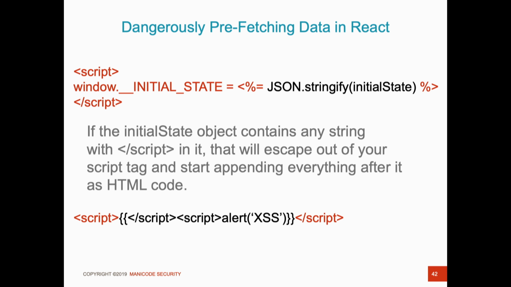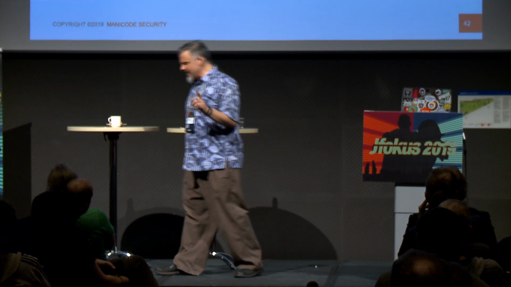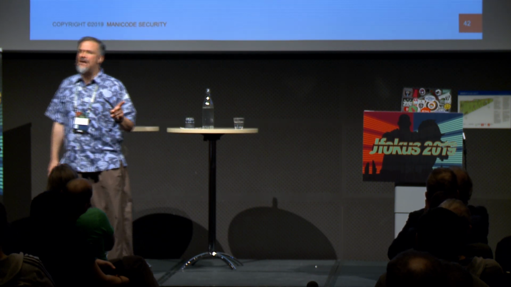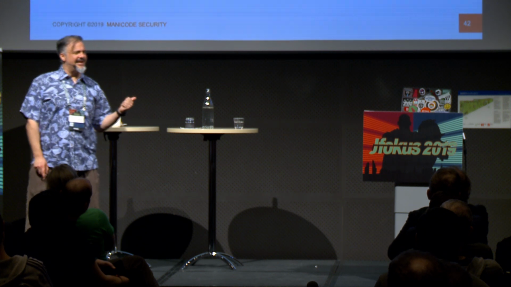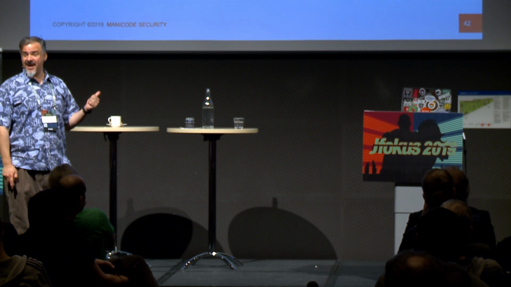So if my JSON was a script tag with alert XSS, the browser ignores the double curly brackets, and now I end the script, add a new clean script, which executes, and now my JSON, which you stringify to embed, will cause cross-site scripting. So we cannot use stringify when dealing with JSON in the browser. It is not secure. Anybody know what we need to do to lock this down?